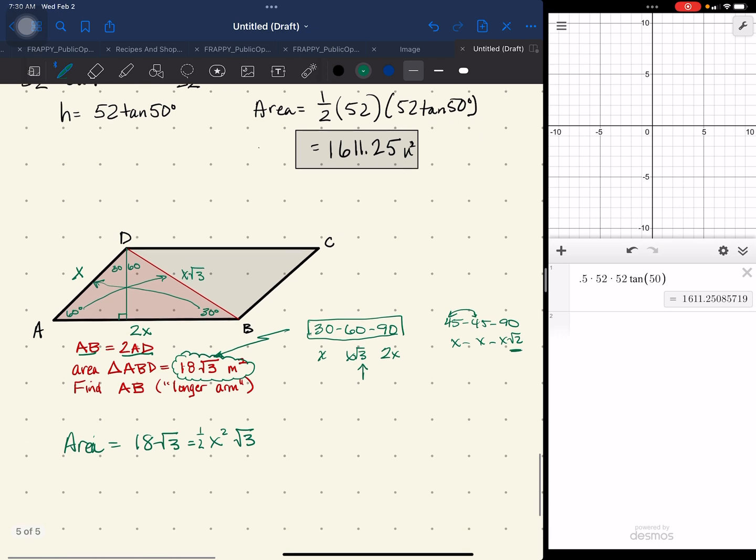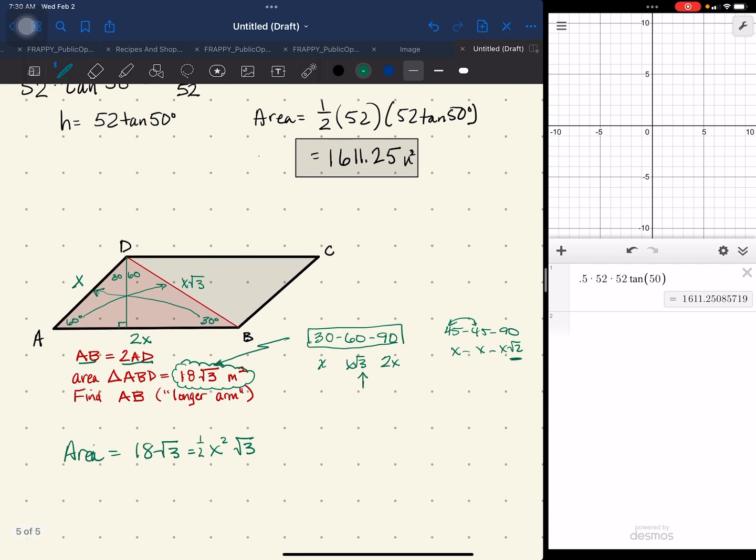Well, that's interesting. So if I'm finding x, I can cancel my root 3's. That's nice. And I can see that if I multiply both sides by 2, I get rid of the half. So I can solve now.